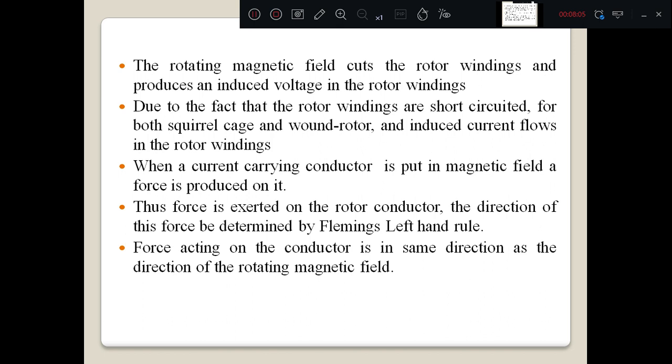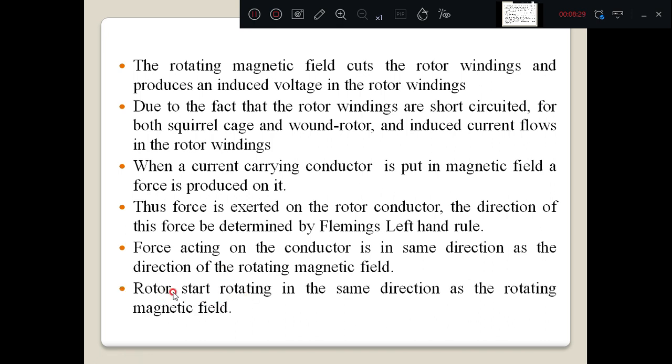Therefore, current starts flowing in the rotor conductors. The situation arises that a current carrying conductor is placed under a magnetic field. Because of the motoring action, a force is exerted, thereby there is a conversion of electrical energy into mechanical energy. The rotor starts rotating in the same direction as the rotating magnetic field.